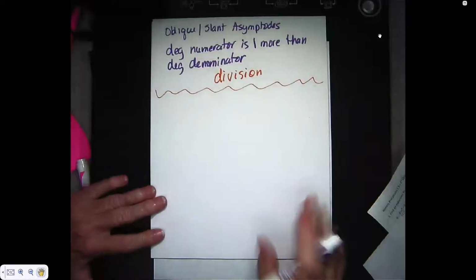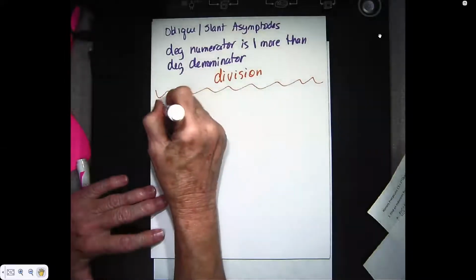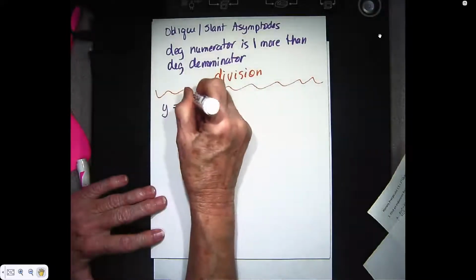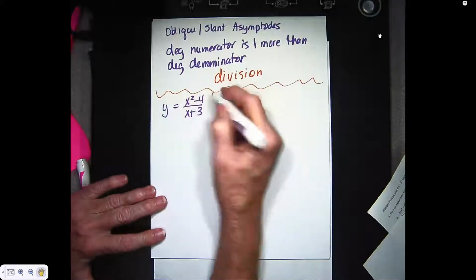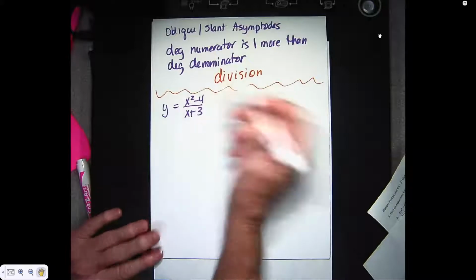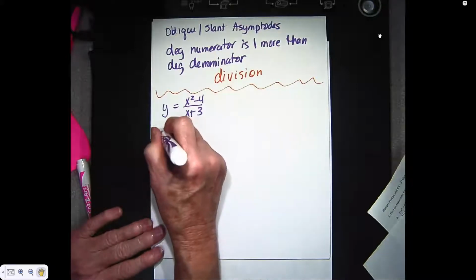Okay, so if I have the problem y equals x squared minus 4 over x plus 3, the degree of the numerator is 2 and the denominator is 1, so that's how I get that.